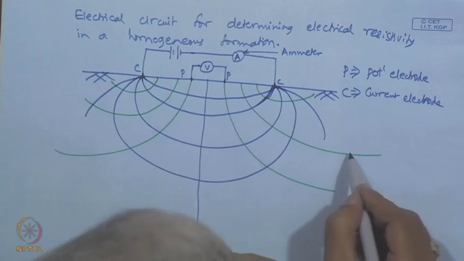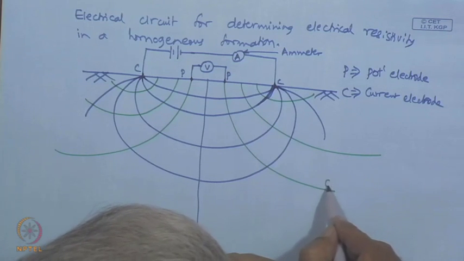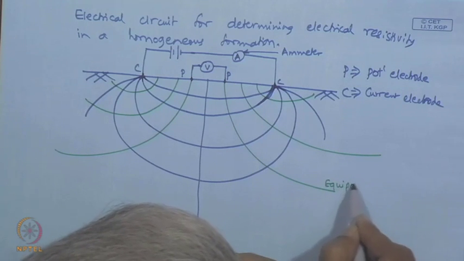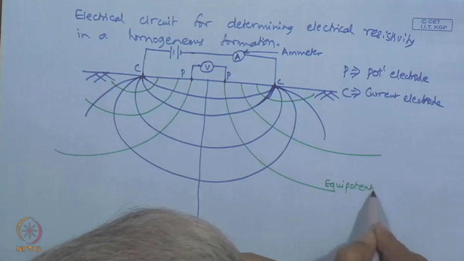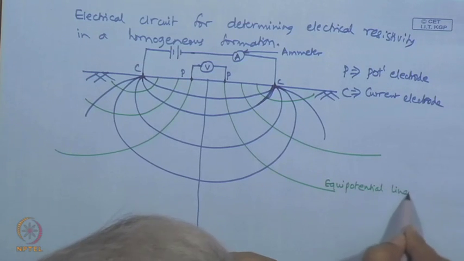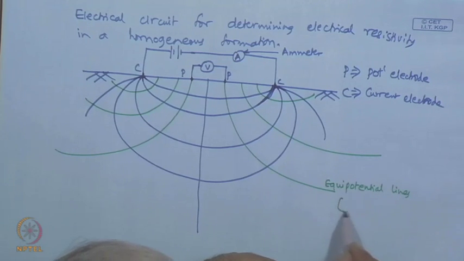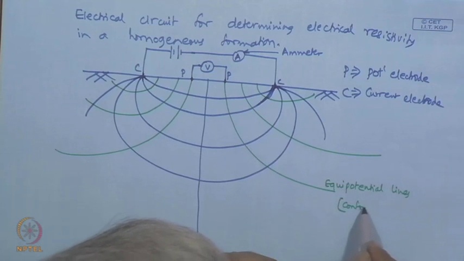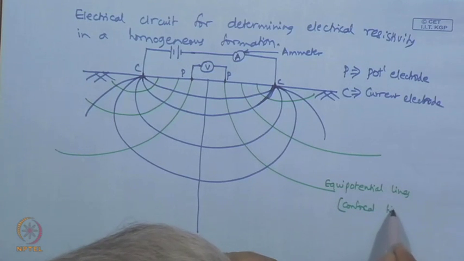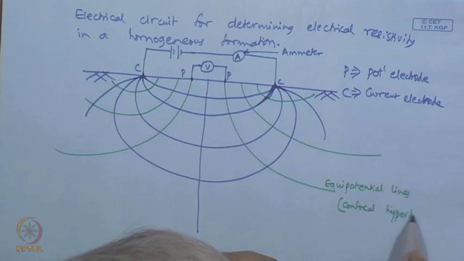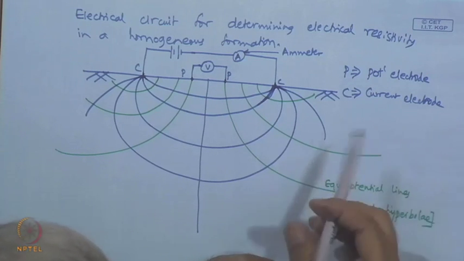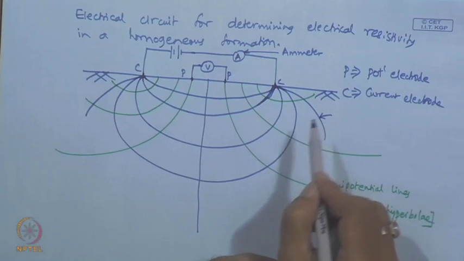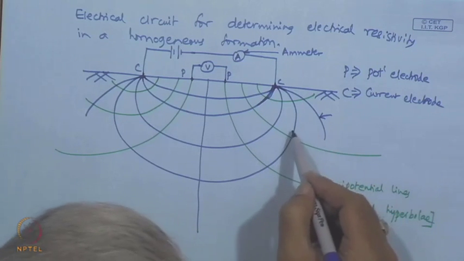Like this. So, these are the equipotential lines. These are in the form of confocal hyperbola. And then these are the current lines.